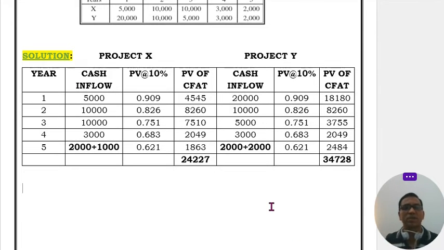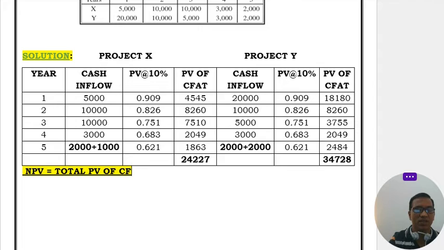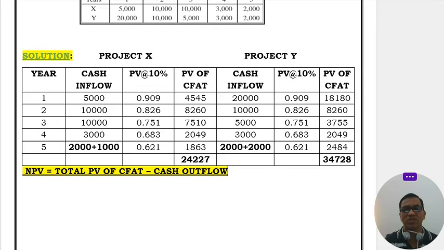So what is the NPV formula? NPV is equal to total PV of CFAT minus cash outflow. You can write total PV of cash outflow. Cash outflow is generally present value only.